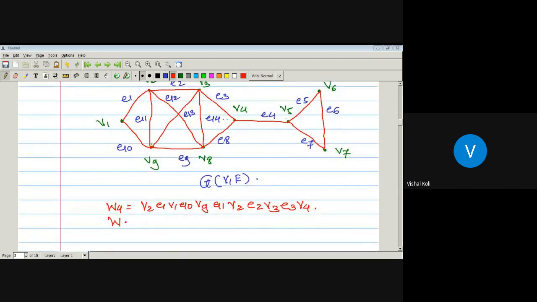W5 as V1, E1, V2, E2, V3, E3, V4, E8, V8.